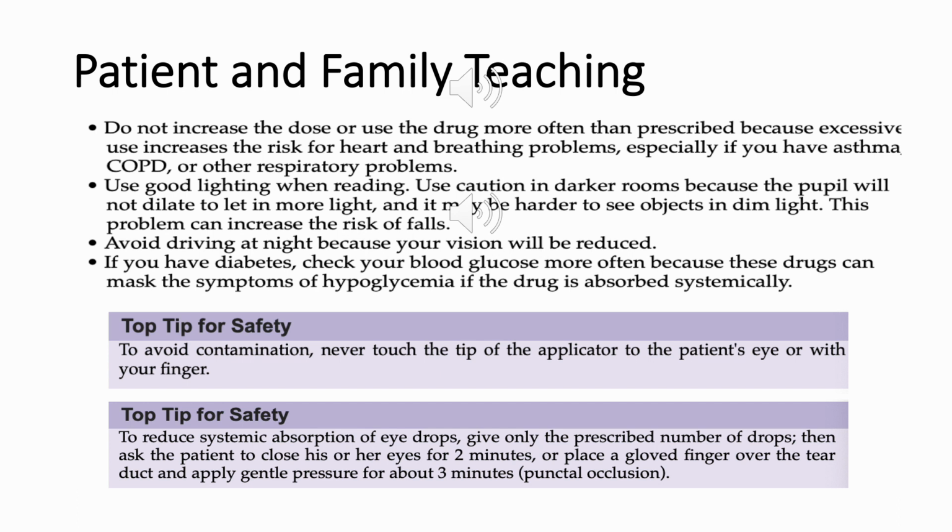This means putting gentle pressure with the index finger over the tear duct in the inner corner of the eye for about 3 minutes after giving the eye drops. Caution is warranted because even with the techniques to decrease systemic absorption of the eye drops, you still must carefully monitor for adverse reactions to the drug.